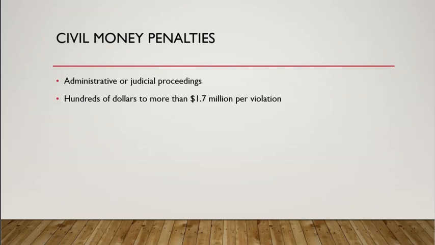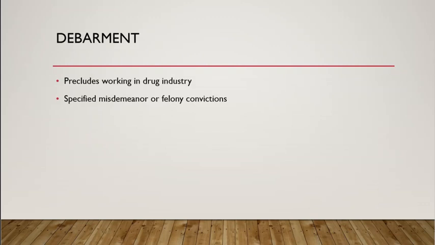Now, civil money penalties range from pocket change, such as hundreds of dollars, to millions of dollars per violation. And the sanctions get more serious as we go. It can be debarment, which precludes an individual from working in the drug industry, and that happens if there are specified misdemeanor or felony convictions.